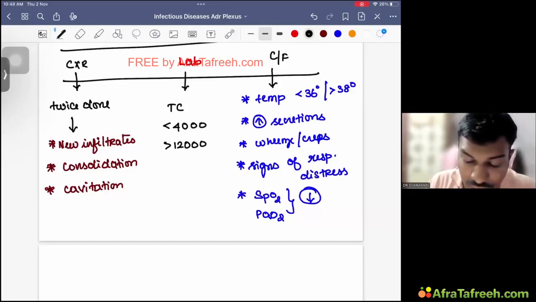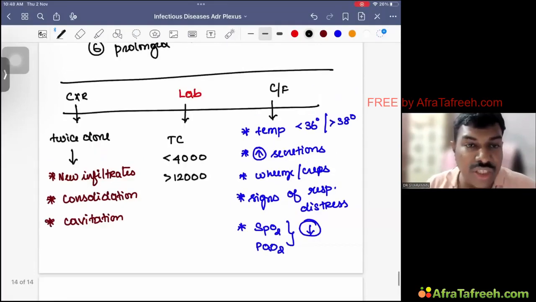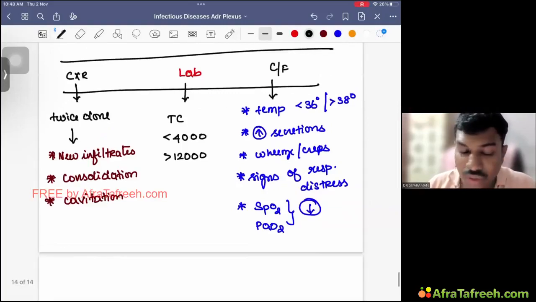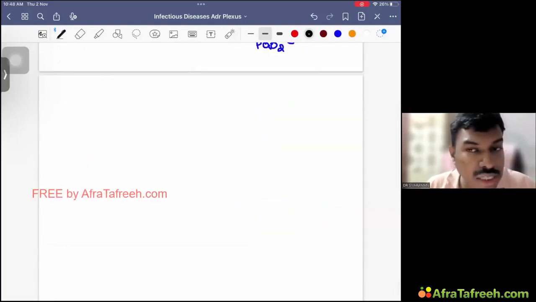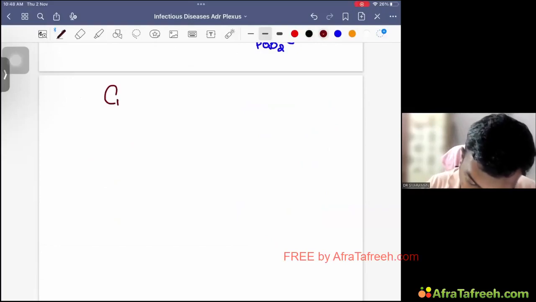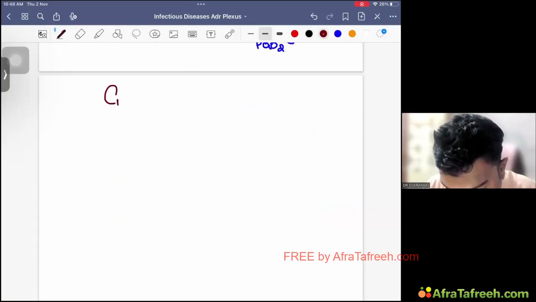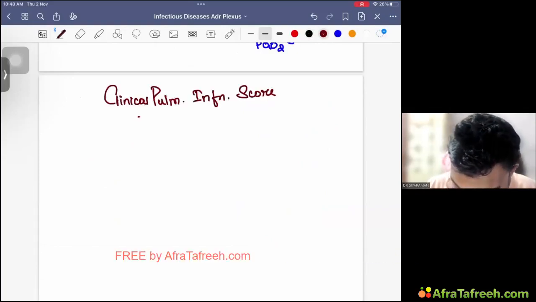So these are certain indicators for VAP. This is going to be very important features which are going to tell you that the patient is having VAP. Now for this you have a scoring system called the clinical pulmonary infection score. It is called the CPIS score.